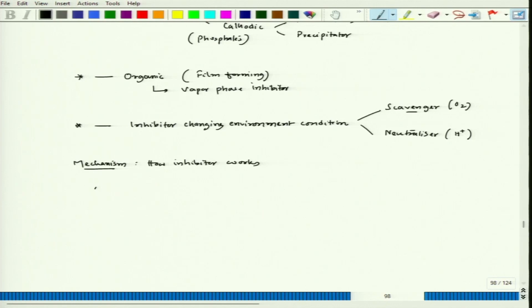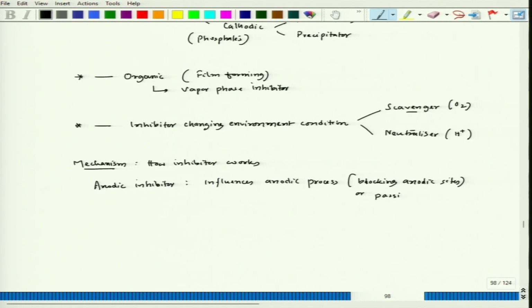So, if we talk about anodic, it influences the anodic process, either blocking anodic sites or passivating the surface. Fine.